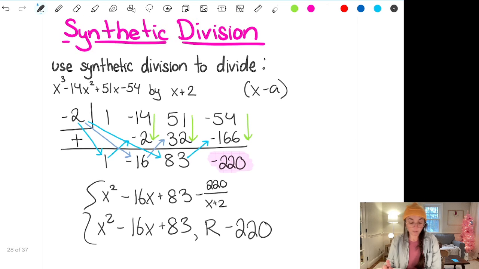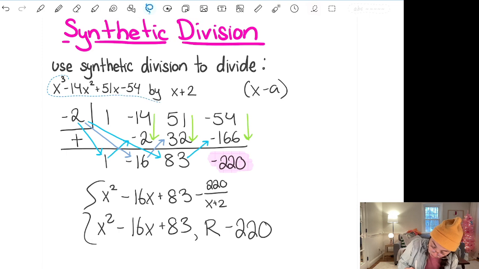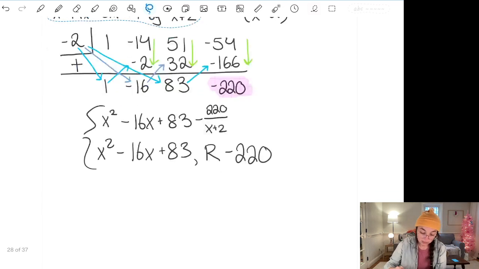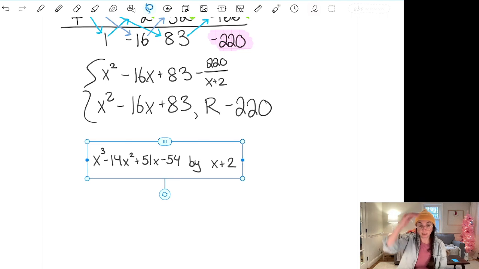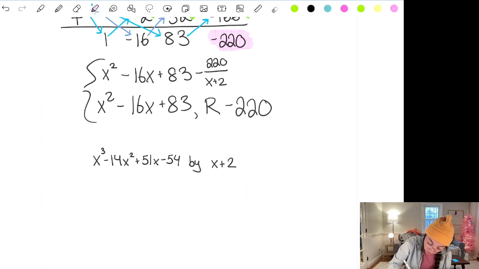Now, what might happen, which I see a lot of students make as a mistake, let's take this really quick. What if the exponents of our variables don't go down nicely? Because as you can notice here, we've got 3, 2, 1, and then basically 0. What if it doesn't do that?